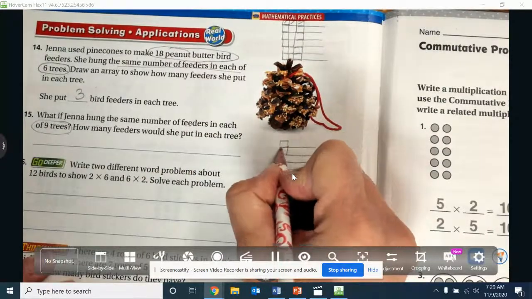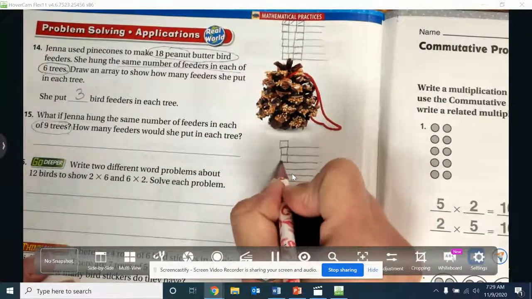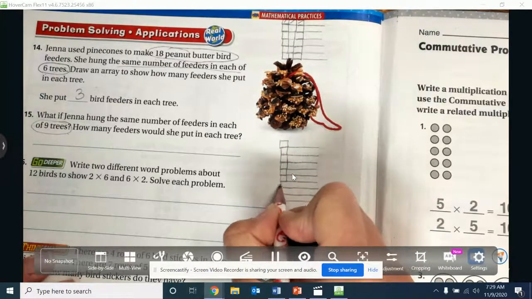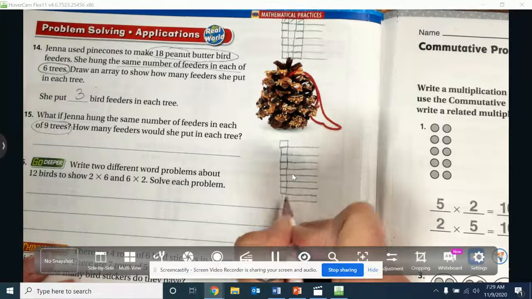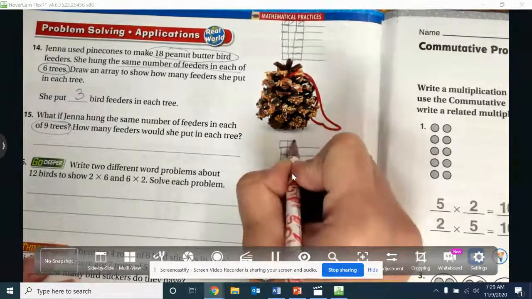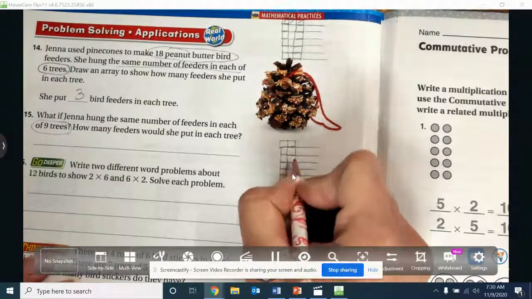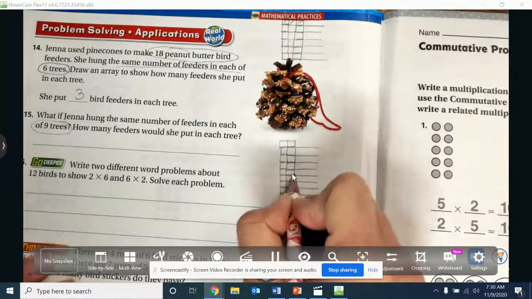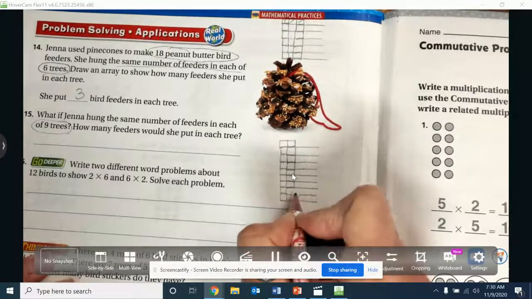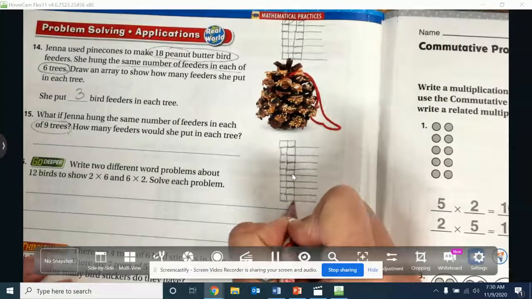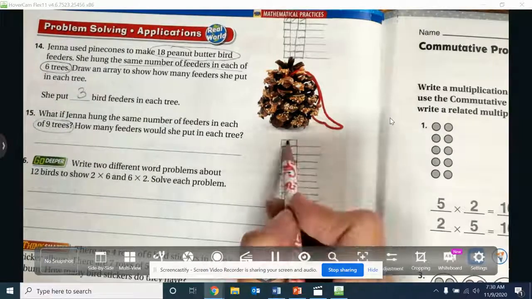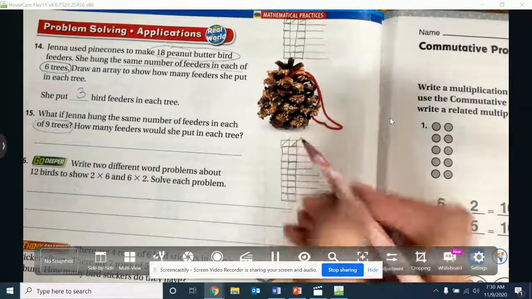1, 2, 3, 4, 5, 6, 7, 8, 9, 10, 11, 12, 13, 14, 15, 16, 17, 18. How many are in each tree this time? 1, 2.